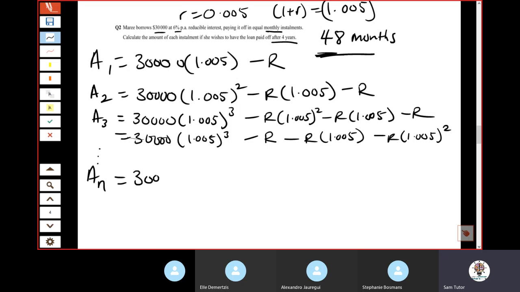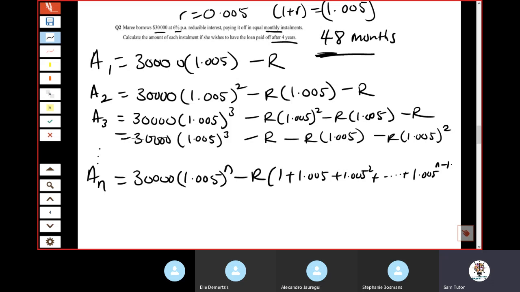A-N equals 30,000 bracket 1.005 to the power n, minus R, 1 plus 1.005 plus 1.005 squared plus dot dot dot plus 1.005 to the power of n minus 1. Good man.